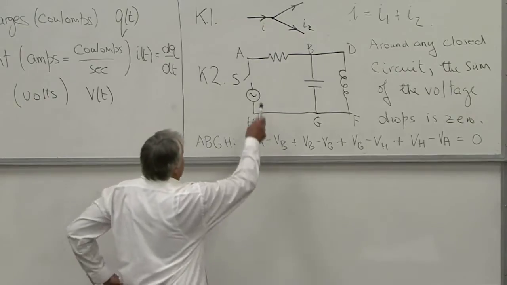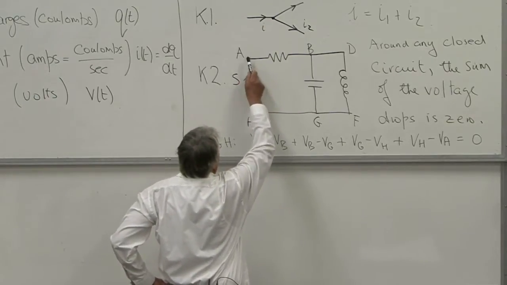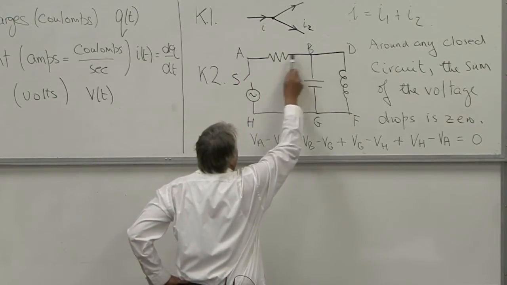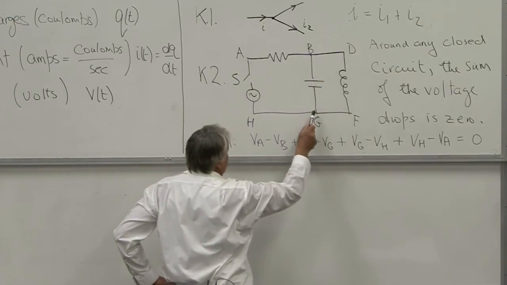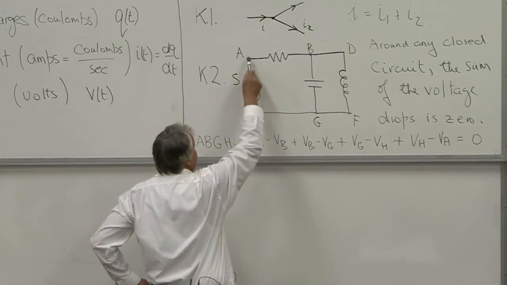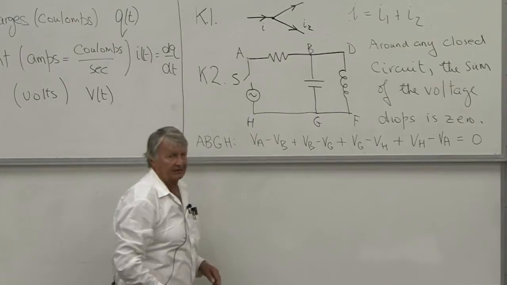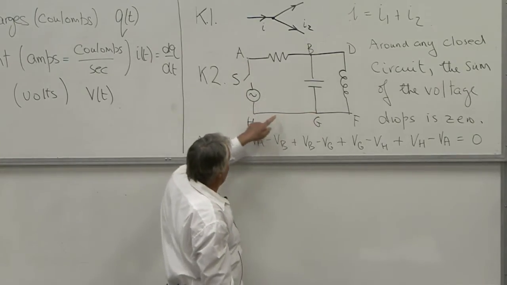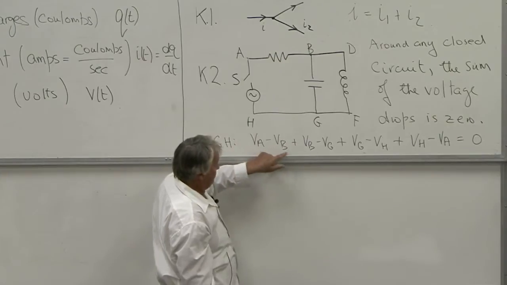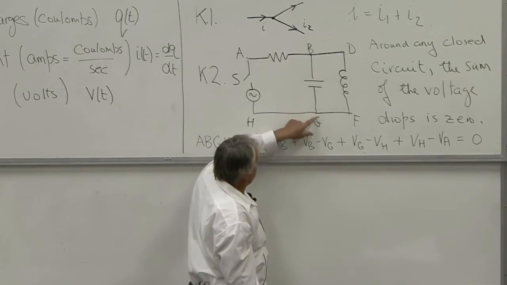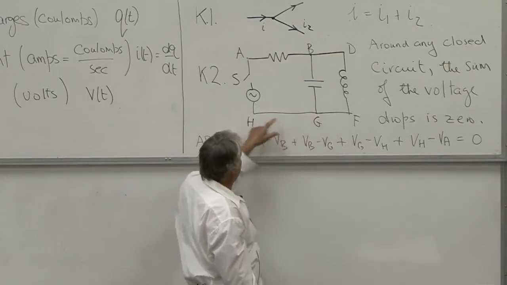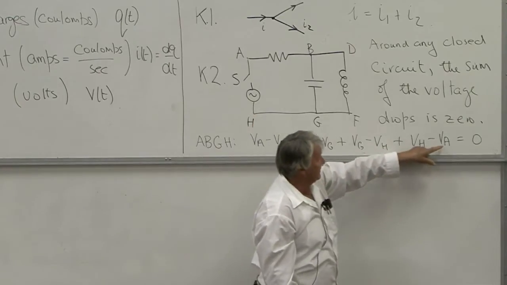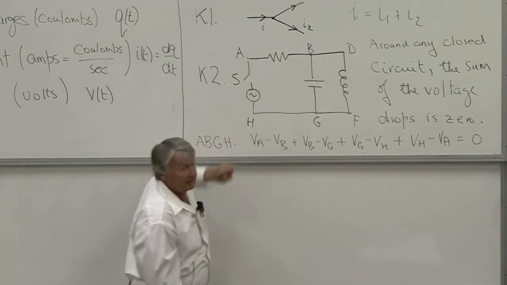It says that the sum of the voltage drops from here to here, here to here, and here to here is the same as the voltage drop from here to here. So the sum of the voltage drops going round like that is VA minus VB, VB minus VG, VG minus VH, and that's equal to VA minus VH.